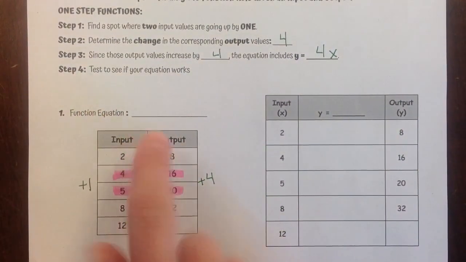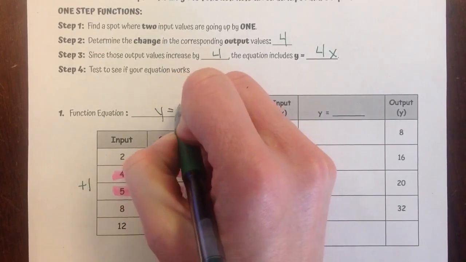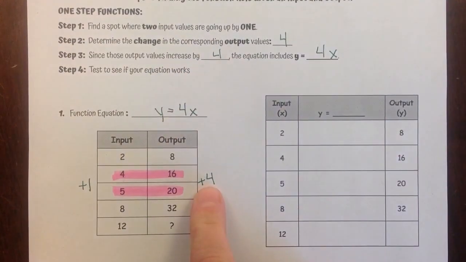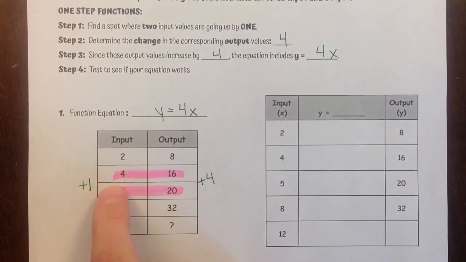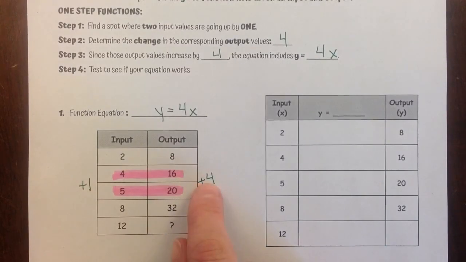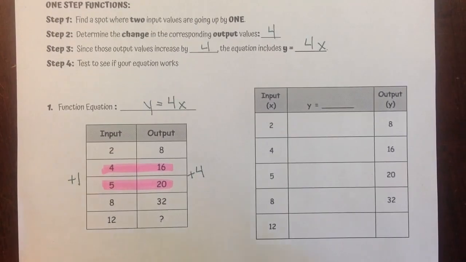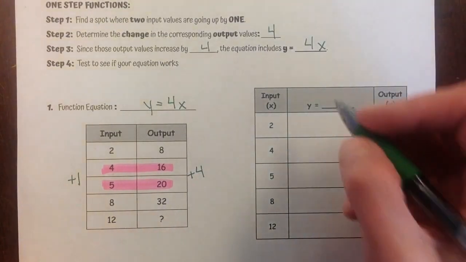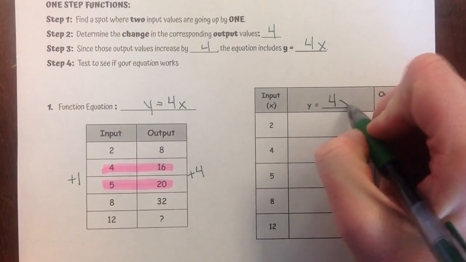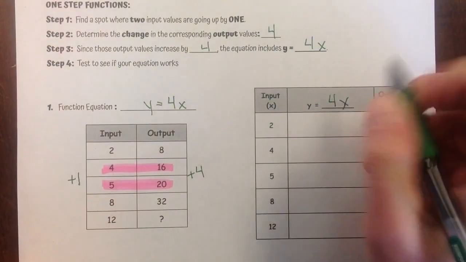So right here I know that my equation is y equals 4x because the difference between the numbers where my input is 1, the output difference is 4. So then I'm going to start solving to figure out what value goes here. So I'm going to put y equals 4x.